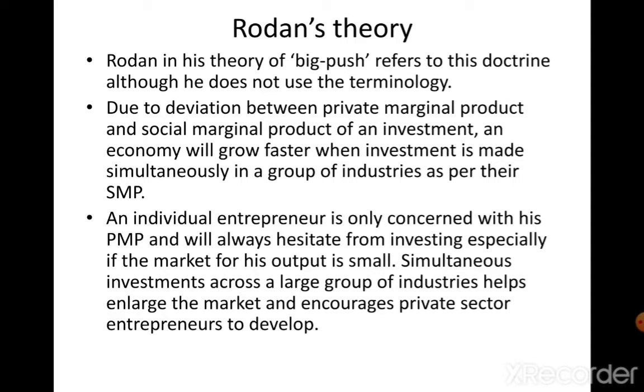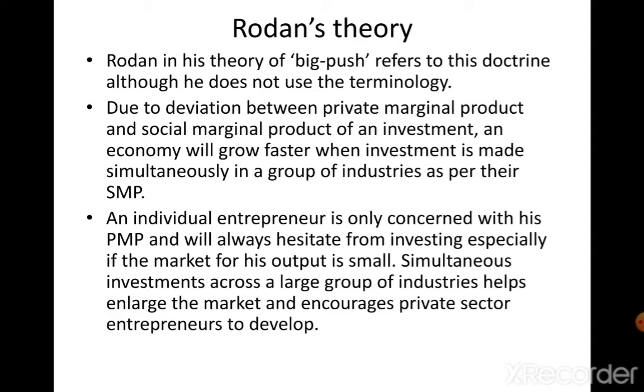Remember the shoe factory example that we discussed in the theory of big push. If only one entrepreneur invests in one shoe factory, he is not assured of a market. He is not assured that there will be enough market to purchase the entire output that he is producing.